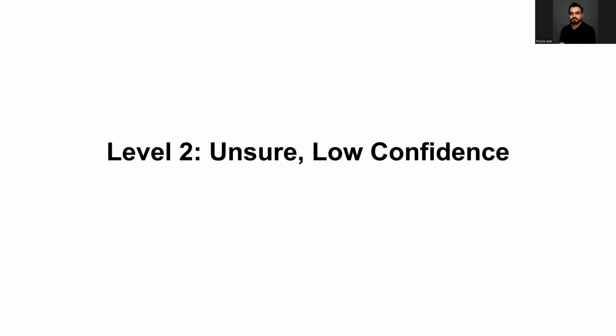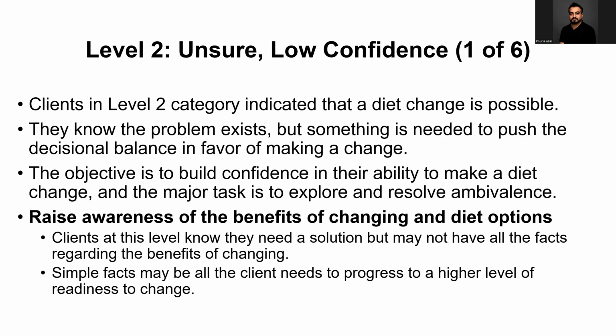At level two, clients are unsure and have low confidence. So they are in an ambivalent situation. Clients in the level two category indicated that a diet change is possible.